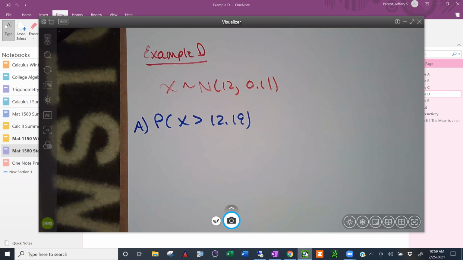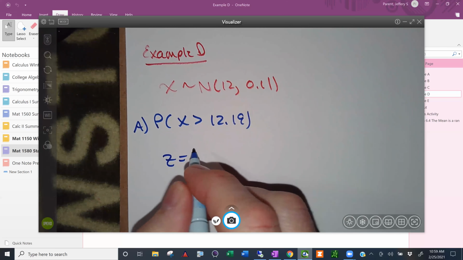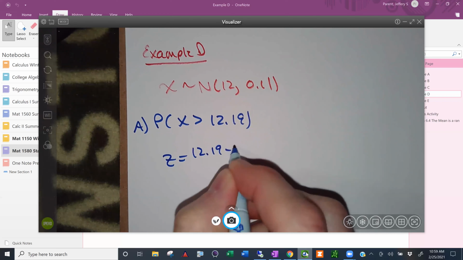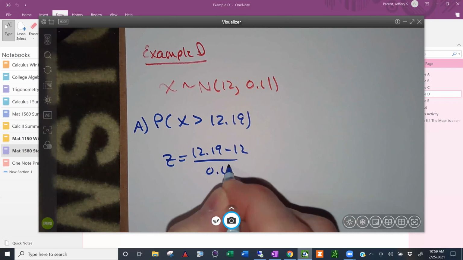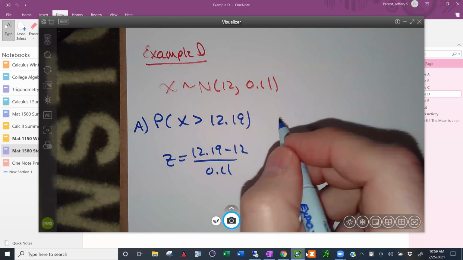That's something we can get from Google Sheets or from StatDisk. If you're doing it in StatDisk, you have to first compute the Z value. You'd have to do Z equals 12.19 minus 12 over 0.11, and then put that Z value into StatDisk. I'm just going to use Google Sheets. You could also use a graphing calculator. Let's do it.